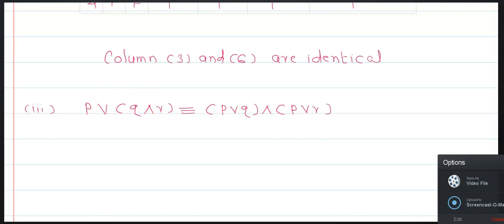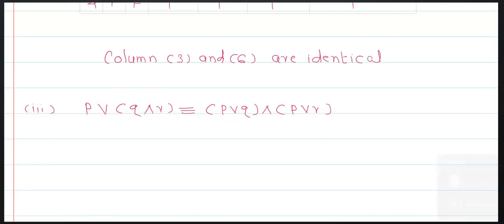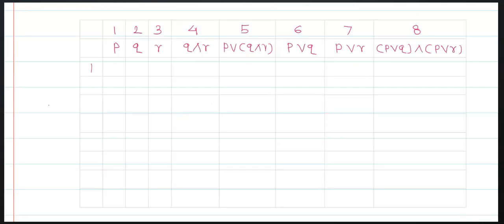Now see this. That is why we will require 4T and 4F for P. What about Q? Q is double T, double F. What about R?